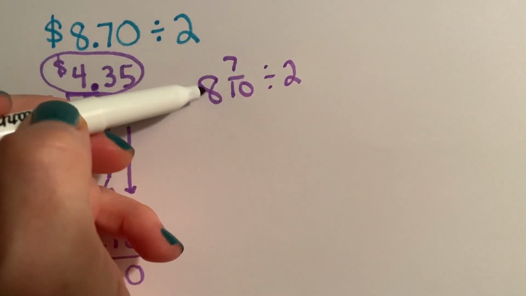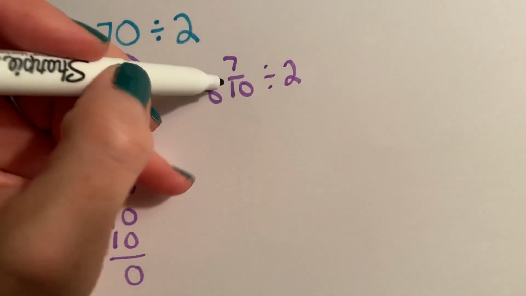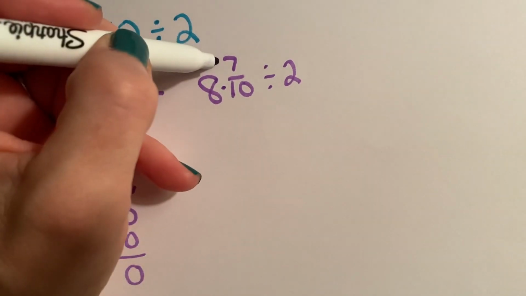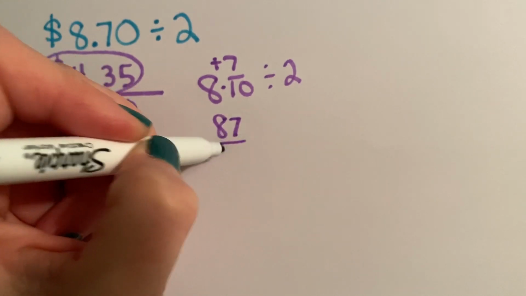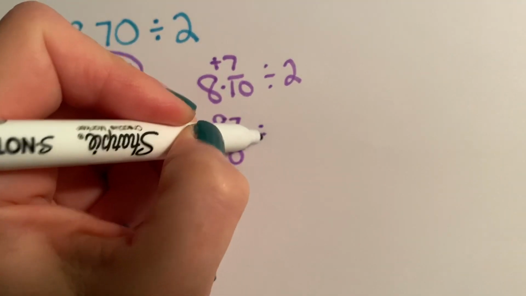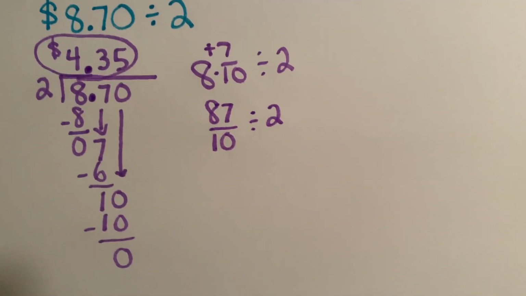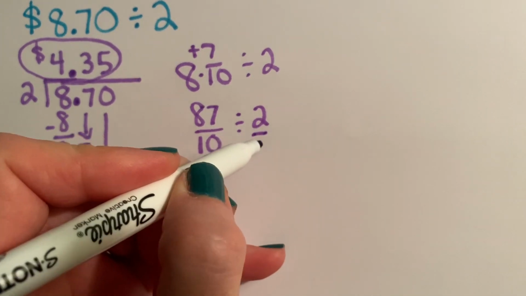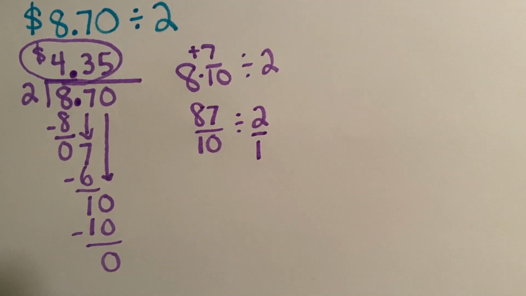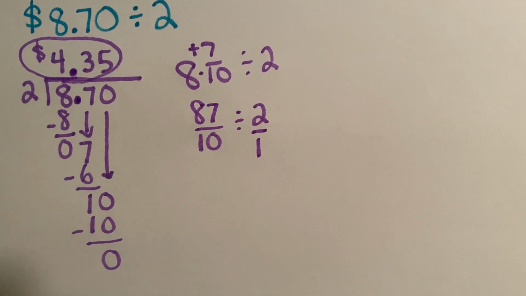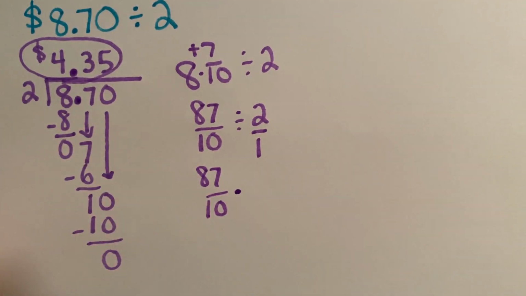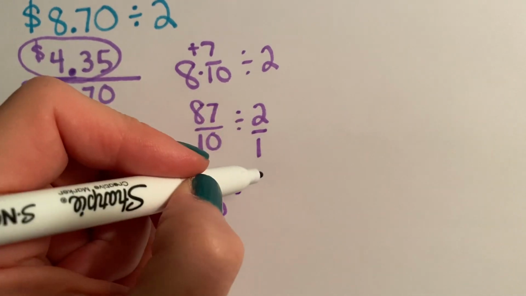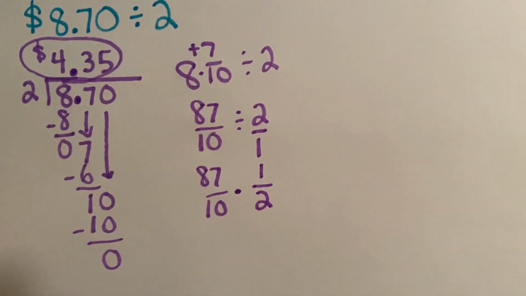So let's make this an improper fraction. 10 times 8 is 80 plus 7 would give us 87/10 divided by 2. And if we put that 2 over 1, our next step will be a lot easier because our next step would be 87/10 times the reciprocal of 2 over 1, which is 1 over 2.